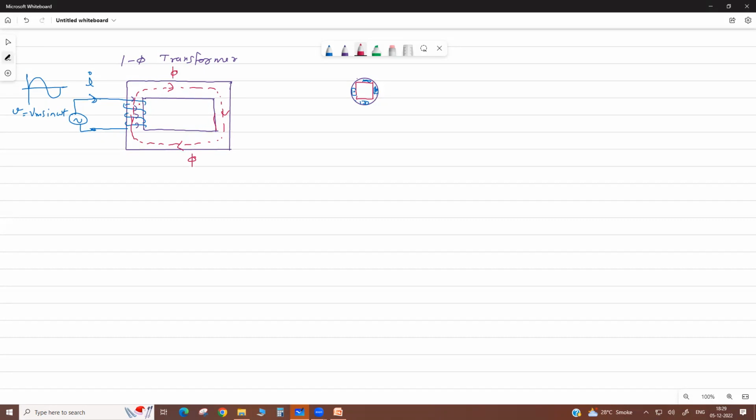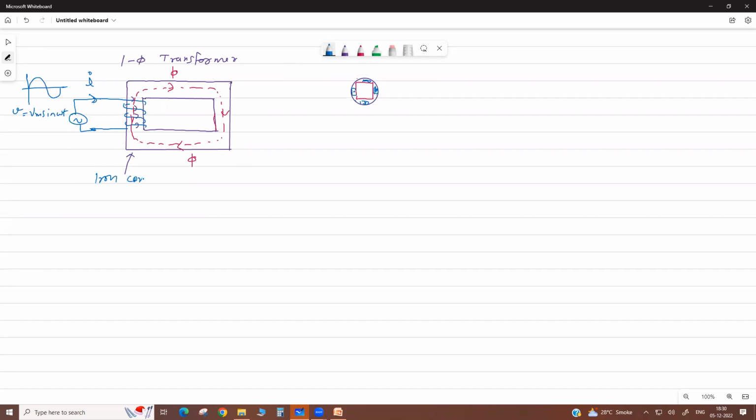The maximum flux is confined within the core, because this core material is soft iron. Soft does not mean softness; magnetic materials are categorized as soft magnetic and hard magnetic materials. So generally we use silicon steel laminations, an iron core.